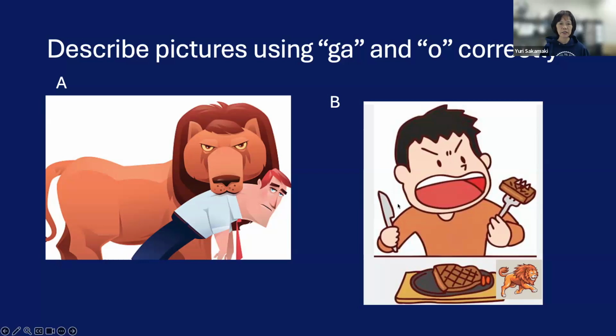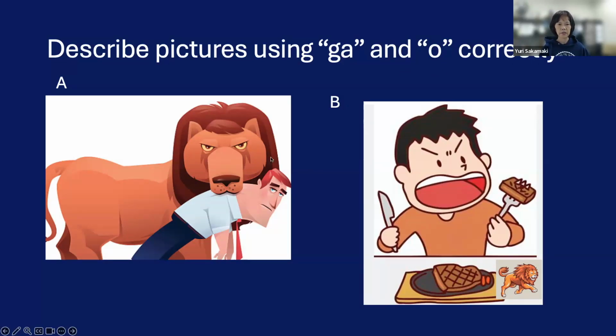So in this case, it's probably better to make a sentence or make two sentences using ga and o. Remember, o indicates the object, what you eat, not who, but what you eat or what you read, what you have, and so forth.